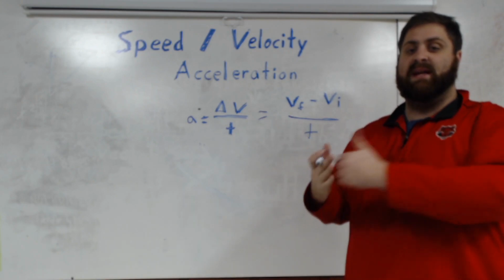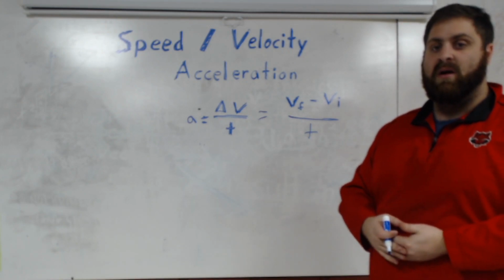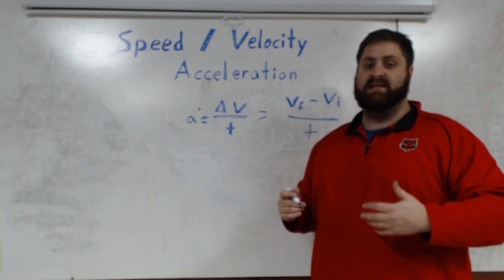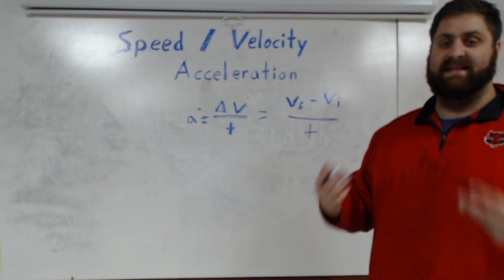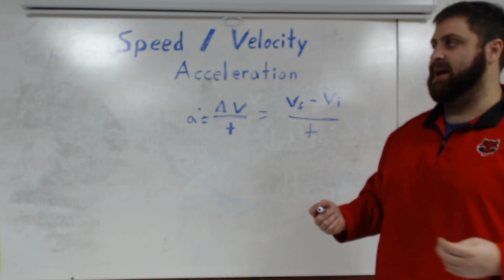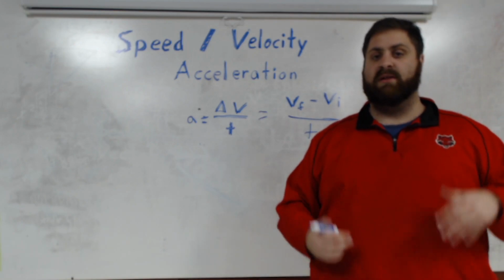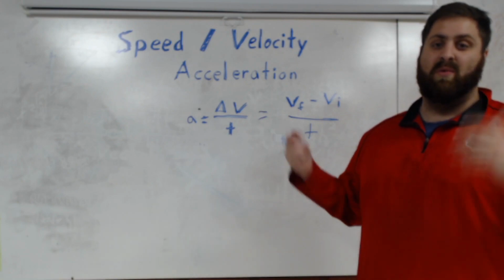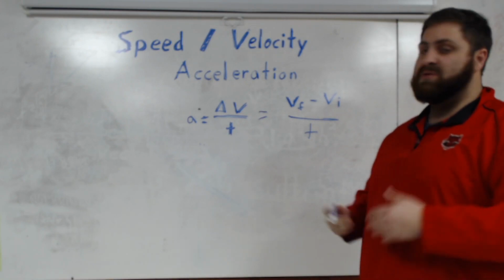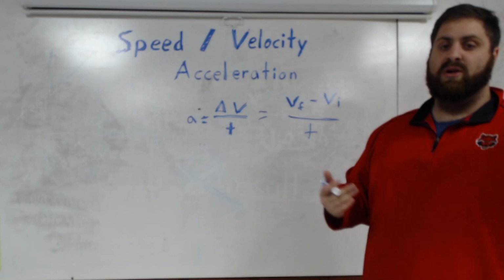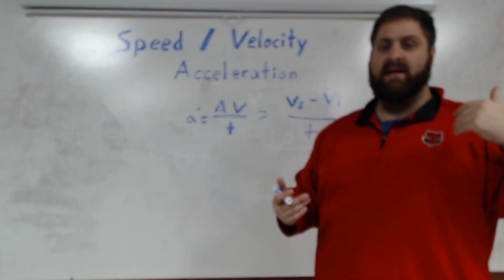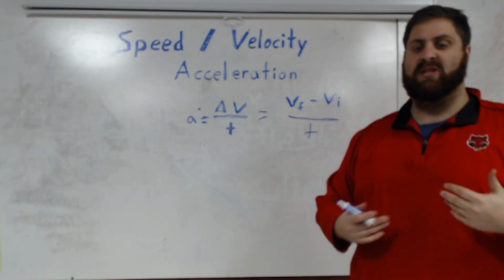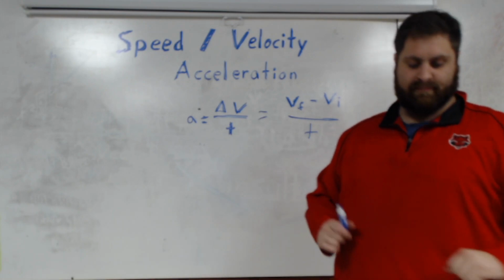When you are speeding up, that is called accelerating. When acceleration is negative, we call that decelerating or deceleration. So when you are stopping a car, when you put the brakes on, or when you run into a wall or a tree, whatever it may be, you decelerate. You change your velocity negatively over time. You're slowing down, coming to a stop.